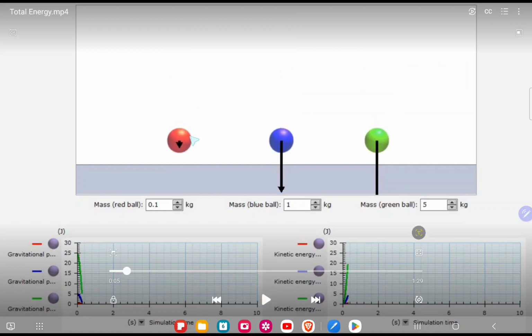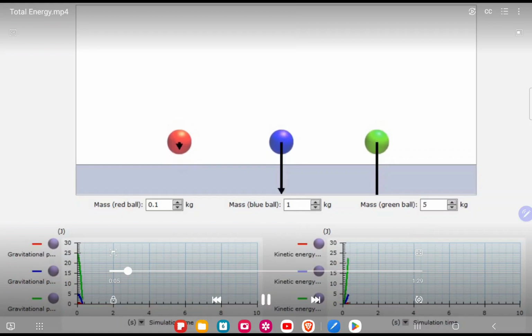The potential energy for the green ball starts from the maximum value because it has the maximum mass, and then the blue one, and then the red one. On the other hand, the kinetic energy starts from zero for the green, blue and red, and starts to grow while the balls' potential energy decreases.